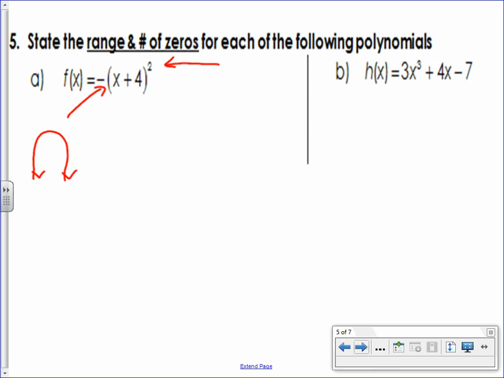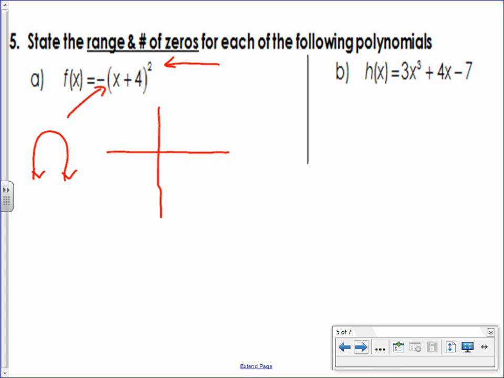So I know the general shape of this is going to be an upside down parabola. Okay? Now if I had to go ahead and graph that, if you were to plug in some values and make that graph, okay, it's going to be shifted over.